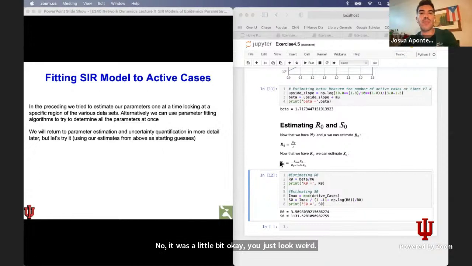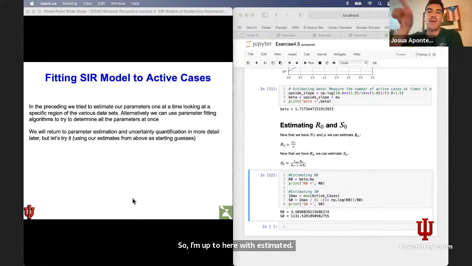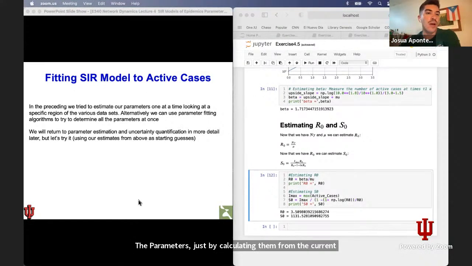So up to here, we've estimated the parameters just by calculating them from the curve. But there are alternative ways in which we can estimate these parameters, actually more confidently.